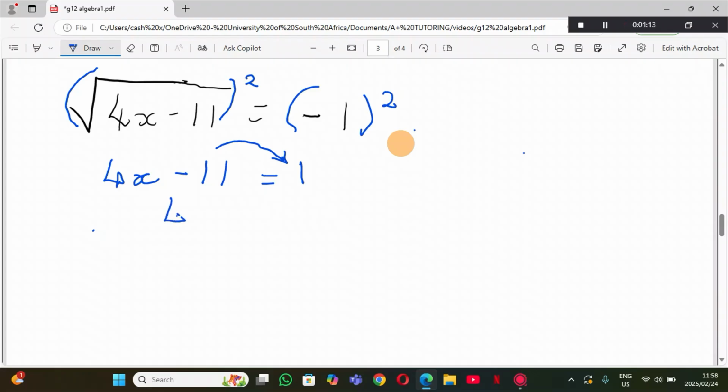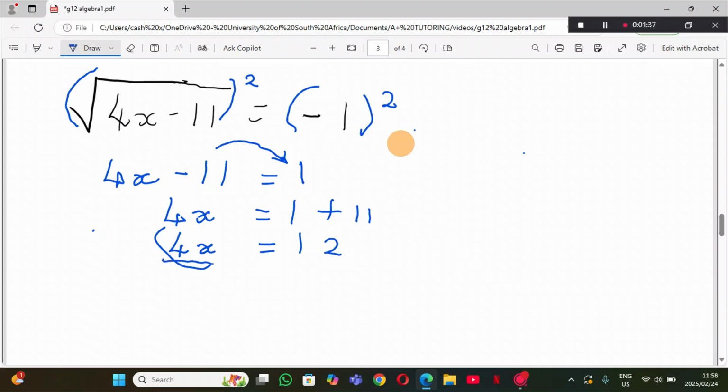So now we have 4x is equal to 1 plus 11. And then we now have 4x is equal to 12. But remember, we only want to know what x is. And in this case, x is married to 4. So how do we divorce those two? Divorce is divide.